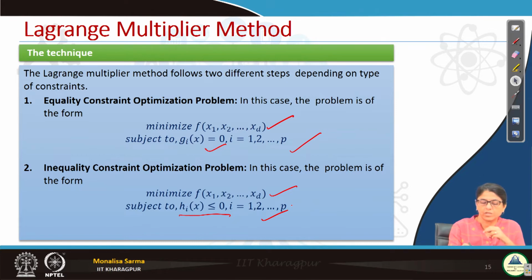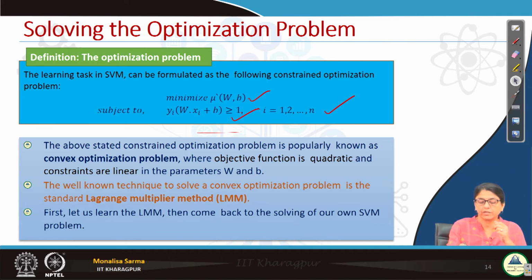In both cases we have to minimize the function. Our case is also like that: we have to minimize a function, subject to hi(x) greater than or equal to 0, sorry, greater than or equal to 1. It is an inequality constraint.